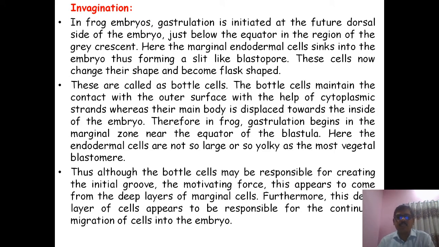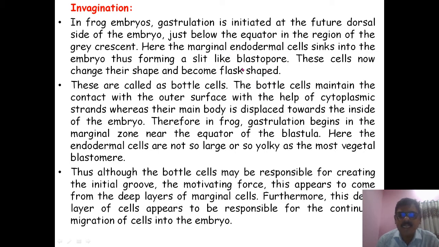Then the invagination process. In frog embryos, gastrulation is initiated at the future dorsal side of the embryo, just below the equator in the gray crescent area. Here the marginal endodermal cells sink into the embryo, showing inward movement, and thus forming an opening, that we call the blastopore.